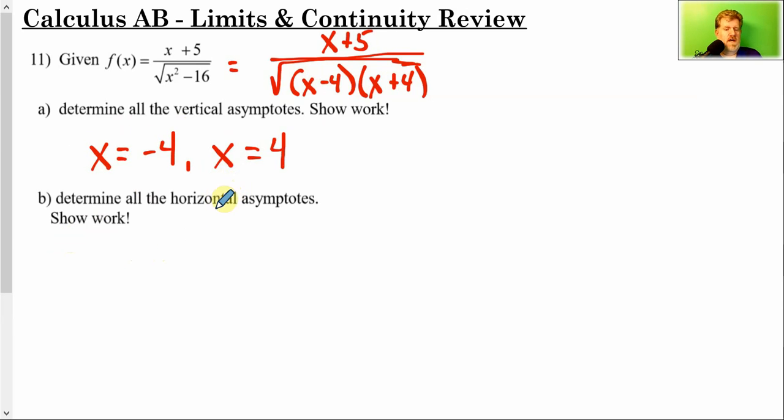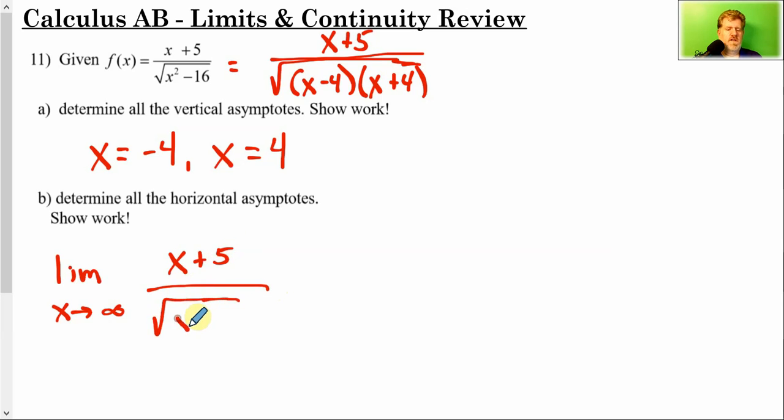All right, now the horizontal asymptotes are flat. What happens when it goes on forever? So what happens when x approaches infinity? Now I'm going to talk to you about the intuitive way to think about infinity. If I'm going out to positive infinity, billions and trillions and zillions and Googles and Googleplexes and all that, will adding a 5 or subtracting a 16 make any difference whatsoever?